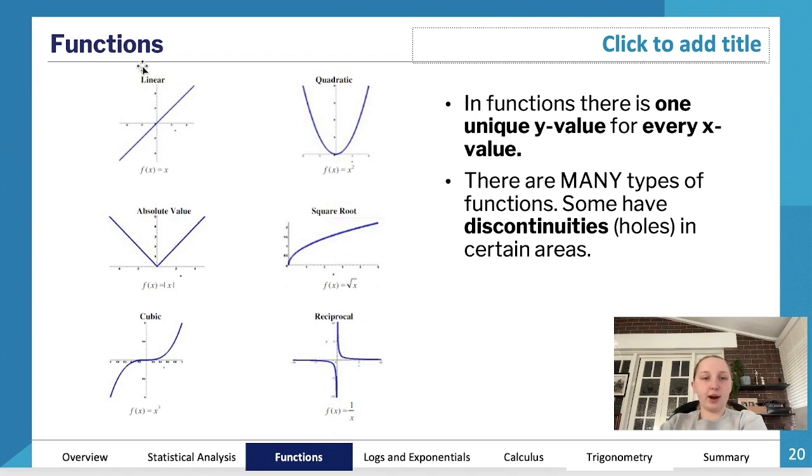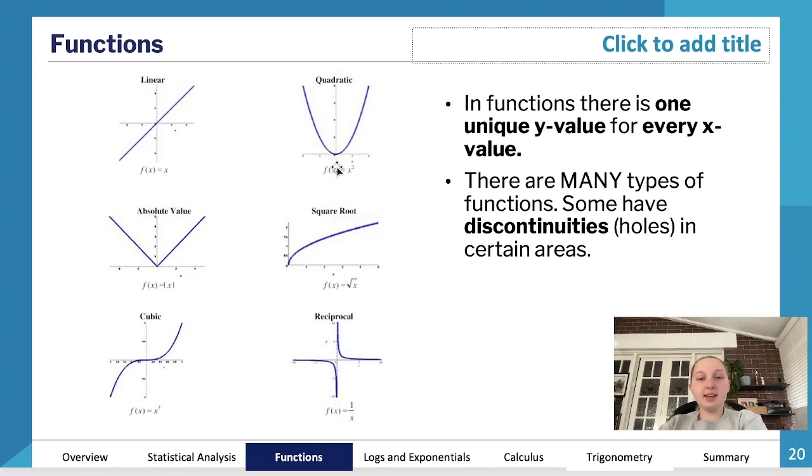So if we look at this graph here, the linear graph, you can see each of these x values only has one y value. Same thing with this quadratic. Each x value only has one y value. Now, some people start to get a little bit confused when you're looking at quadratics.